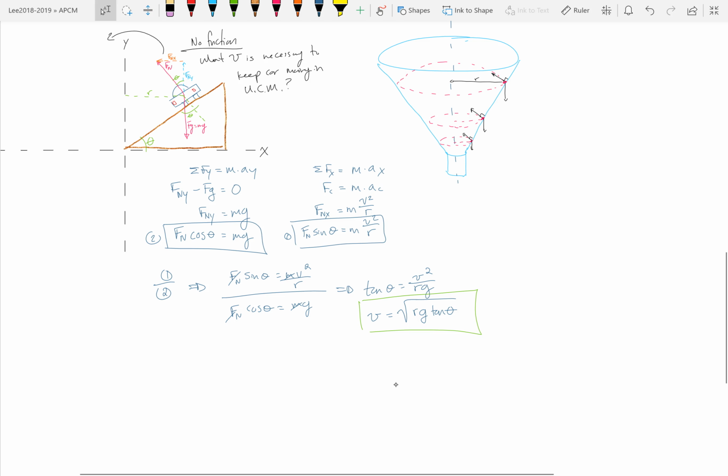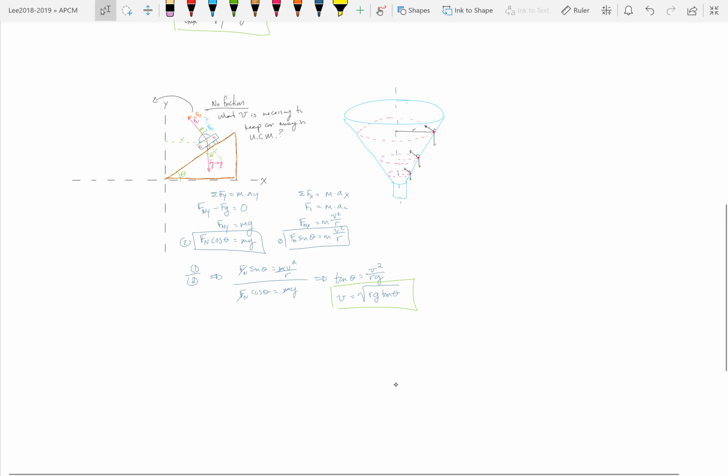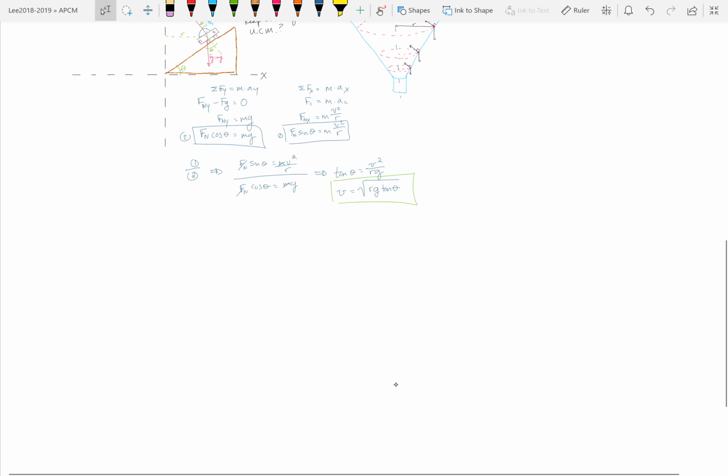That means for every lower height, if it were to maintain its speed there, its velocity would have to increase as its radial distance from the center of the funnel is getting smaller and smaller. That velocity would vary directly with the square root of the radial distance if g and theta are staying the same. Okay, so there's the banked curve with no friction.